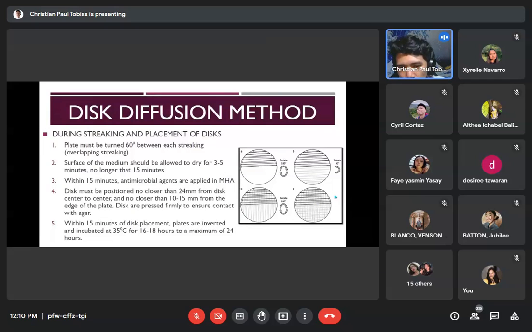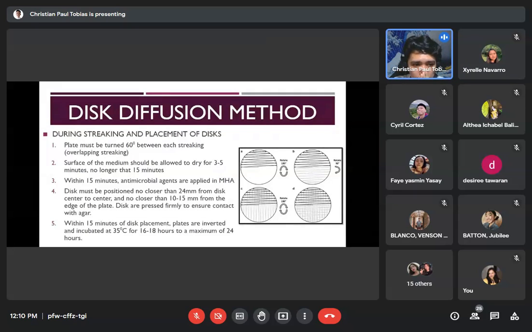Then pwede mong idaan dito yung swab para lahat ng area na-cover. Pasado na ba to? Para sa akin, gusto ko pang lagyan ng isa dito at isa din dito para symmetrical. Okay, ganun lang yan. So, surface of the medium should be allowed to dry for 3 to 5 minutes, no longer than 15 minutes. So, in preparation of your disk diffusion method, within 15 minutes lang.